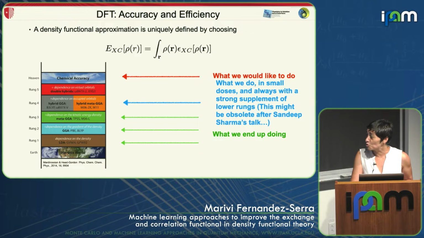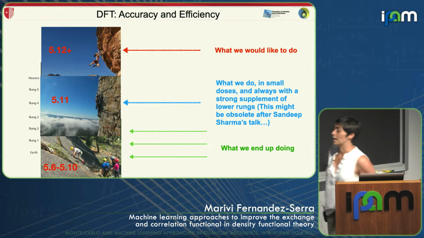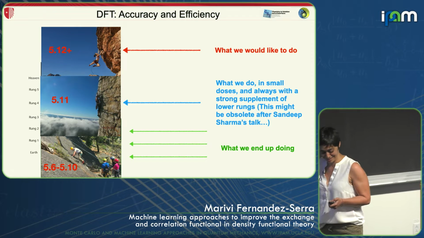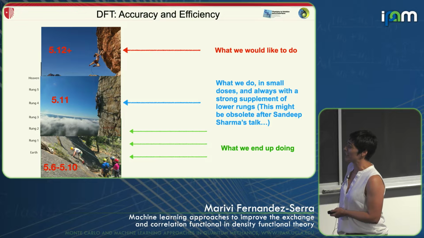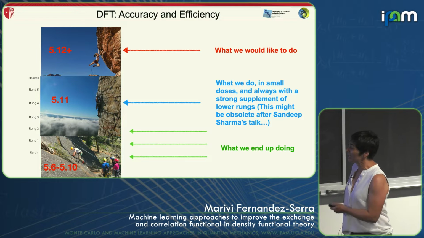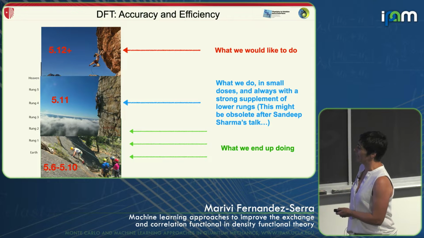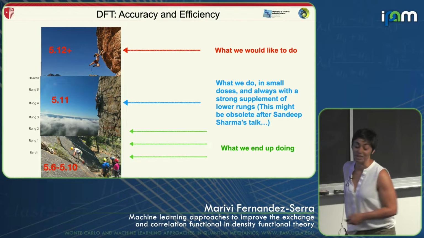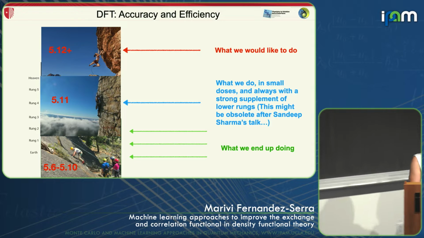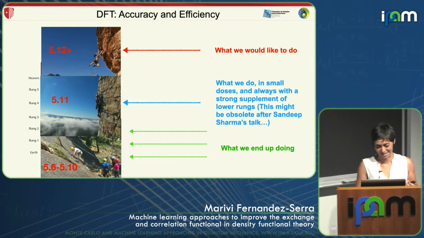And I do want to make a parallel, I don't know if there are any climbers in the room: climbing up this ladder is basically exactly the same as what happens in real climbing outdoors. This is what we would like to do, but this is what we end up doing. I'm not sure if there are any actual climbers in the room.